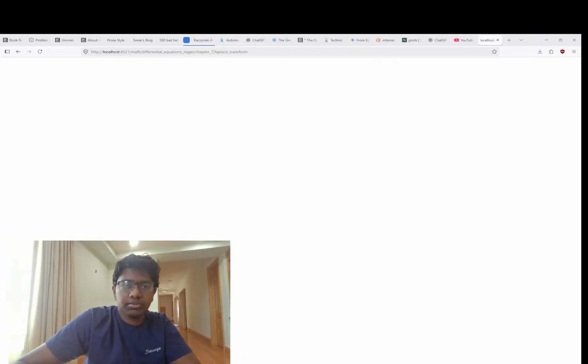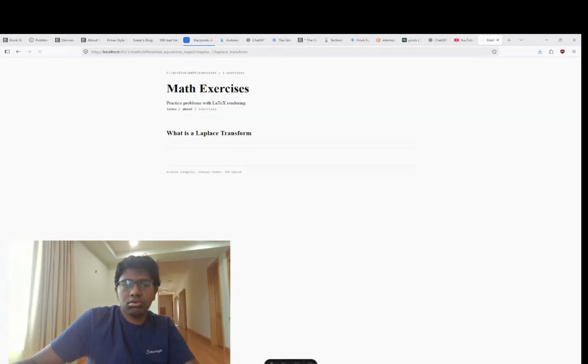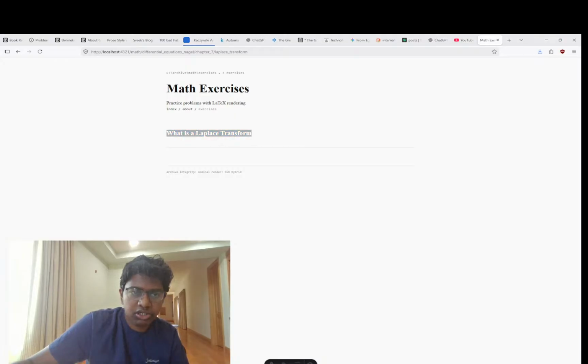Let me just get rid of some extra boilerplate. Okay. So what is a Laplace transform? I guess we'll start with a question mark to make it look better. But yeah, what is a Laplace transform? It's obviously very important.